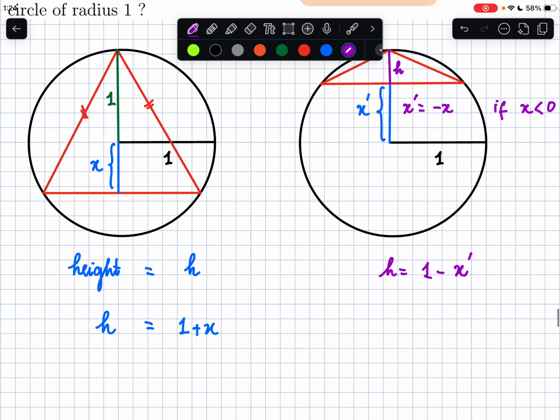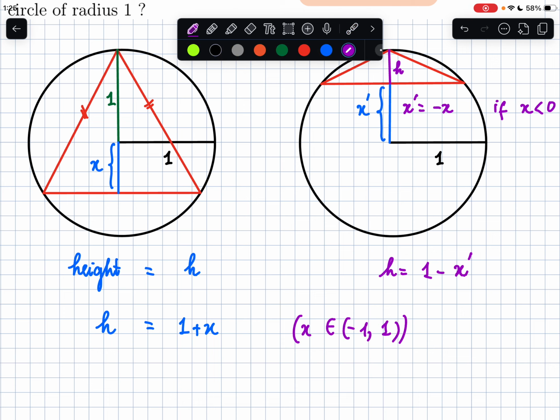So x can be negative up to negative 1, positive up to 1, but it can never be either 1 or minus 1, because if x is 1, then you have the height 2, you don't have any triangle at all. If x is minus 1, then that's just a point. x is between minus 1 and 1.